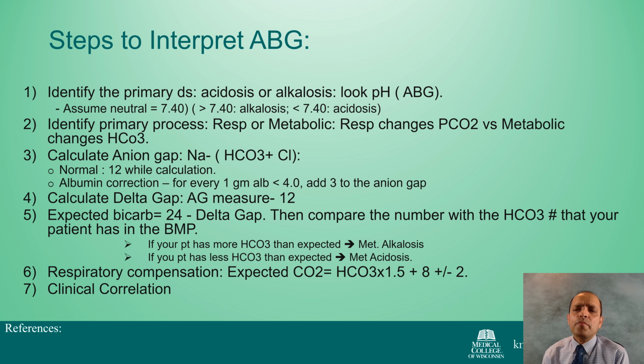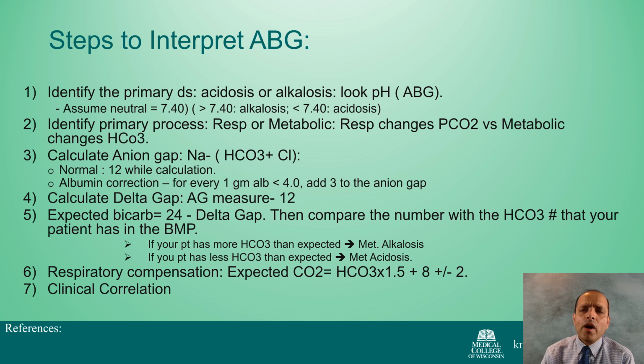So sometimes your patient has a low albumin number, then you need to make a correction. How do you correct? So let's say your patient has albumin of 2, and you calculate an anion gap of 15. So the corrected anion gap in this case is going to be 21.